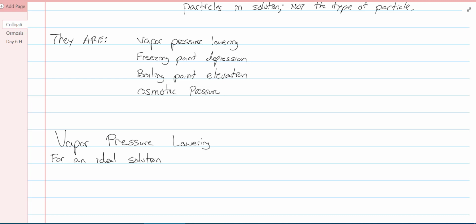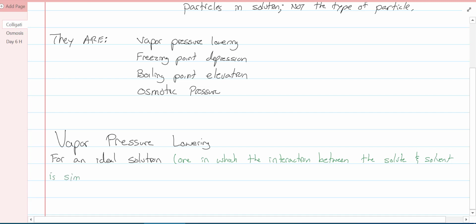right? And of course, an ideal solution is one in which the interaction between the solute and solvent is similar to the solvent or solute interactions.